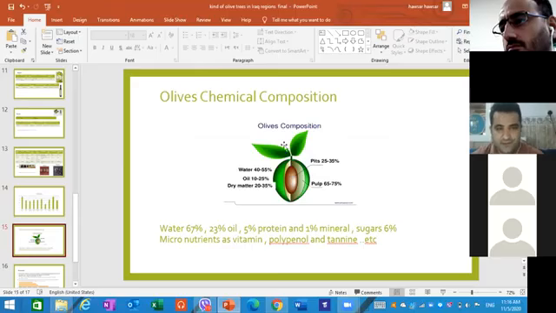And finally, just the oil chemical composition. We see Peters 25 to 31 and Pulpus 60.